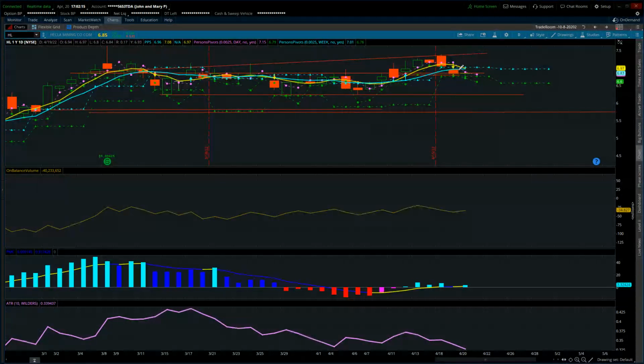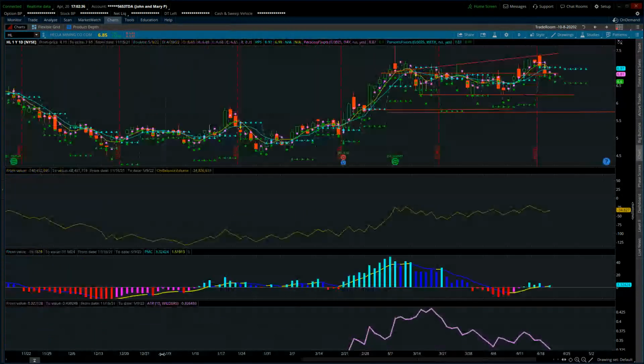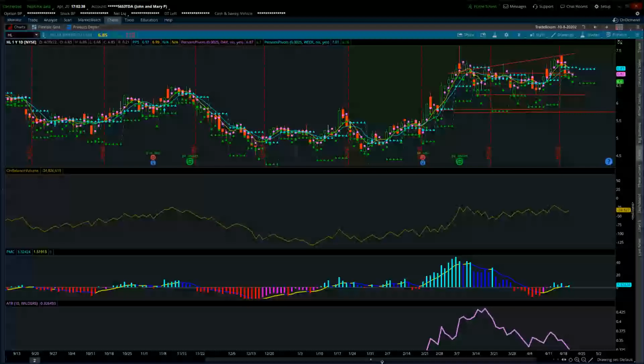But we can put things on a level playing field by doing what? By simply using percent change. So if this stock is up, I don't know, 0.15, a penny is 0.15%. If the metals and mining on a daily basis, we're looking for the market to show improvement relative to the S&P performance.